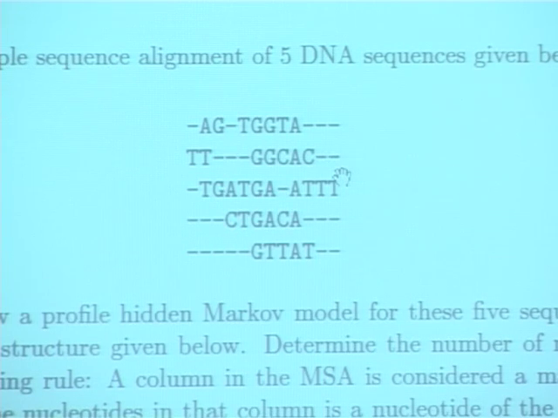So if this is M1 and this is M2, any other columns in between are going to be emitted at the I1 state, because after M1, I1 is visited, these are emitted, then M2 is visited. So each column in this alignment corresponds to something. Anything that comes before M1 is going to be I0.